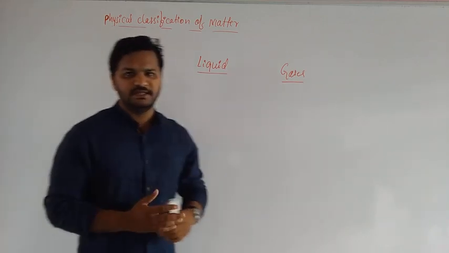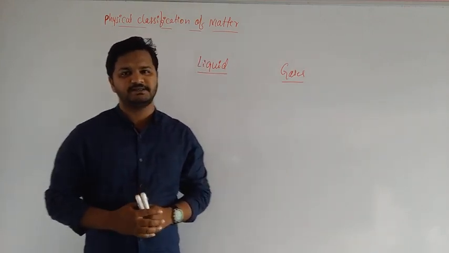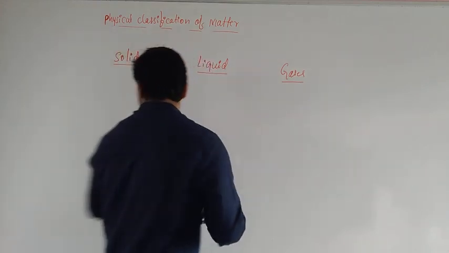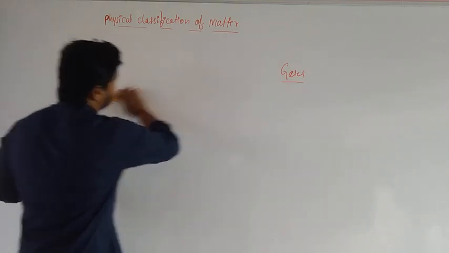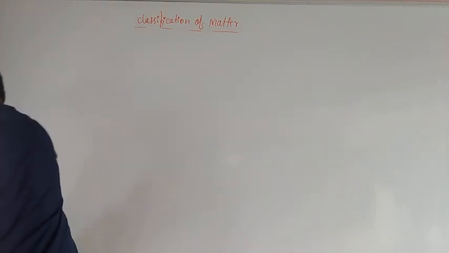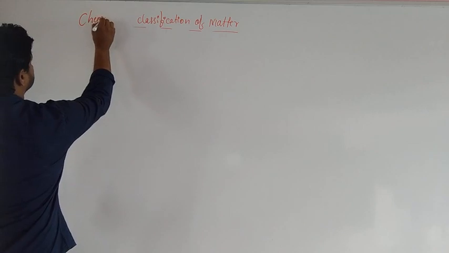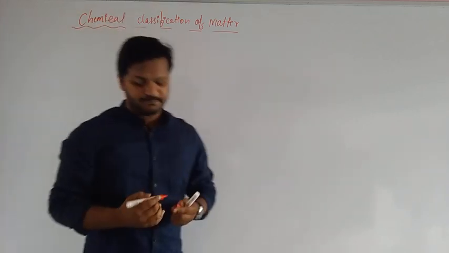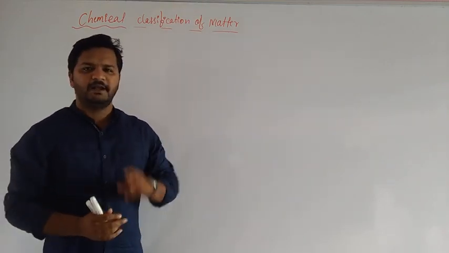And today in this class we are going to start with the next part, that is chemical classification of matter. Okay students, here matters are classified into mainly two types.